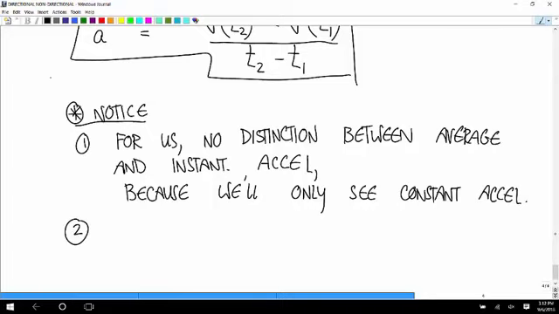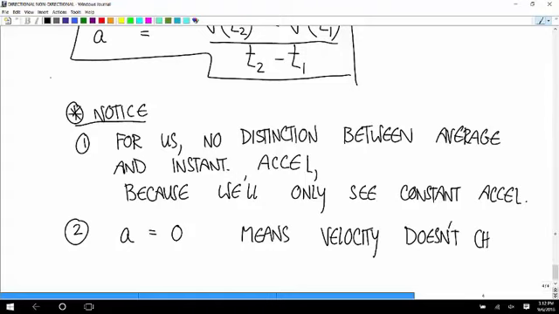Second, and you can see this from the equation, if you have a zero acceleration, that means that the velocity isn't changing. It doesn't mean the object is stationary, though.